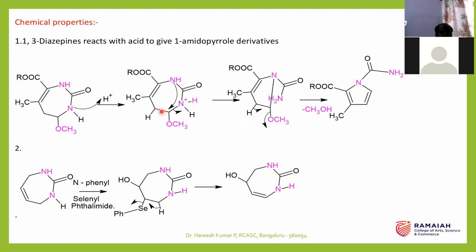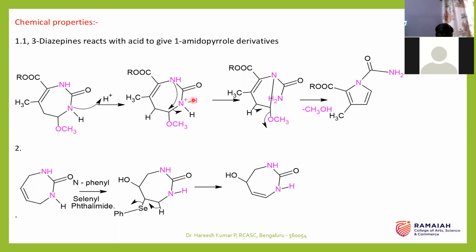Now the mechanism part. In the reaction, 1,3 diazepine when treated with acid gives the pyrrole substituted product. If you look into the mechanism, the lone pair present on the nitrogen, or maybe a bond pair, can react with this proton, forming a protonated amine.